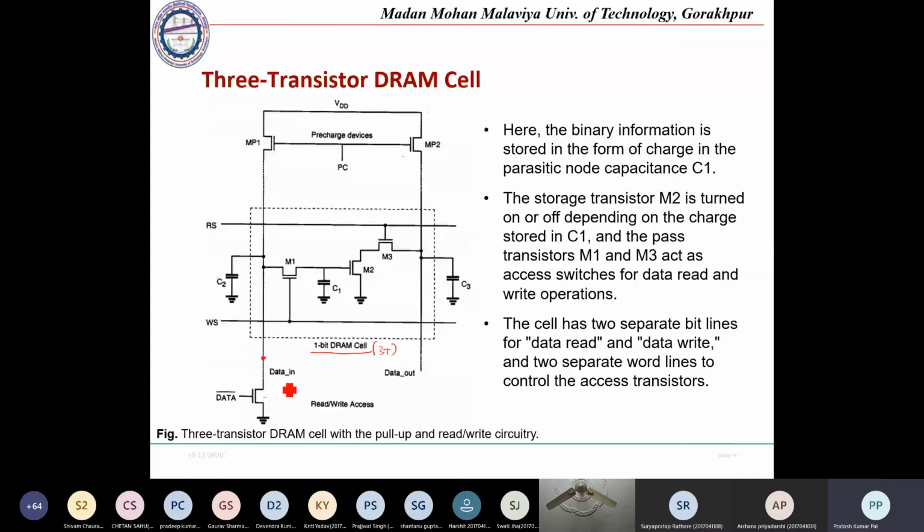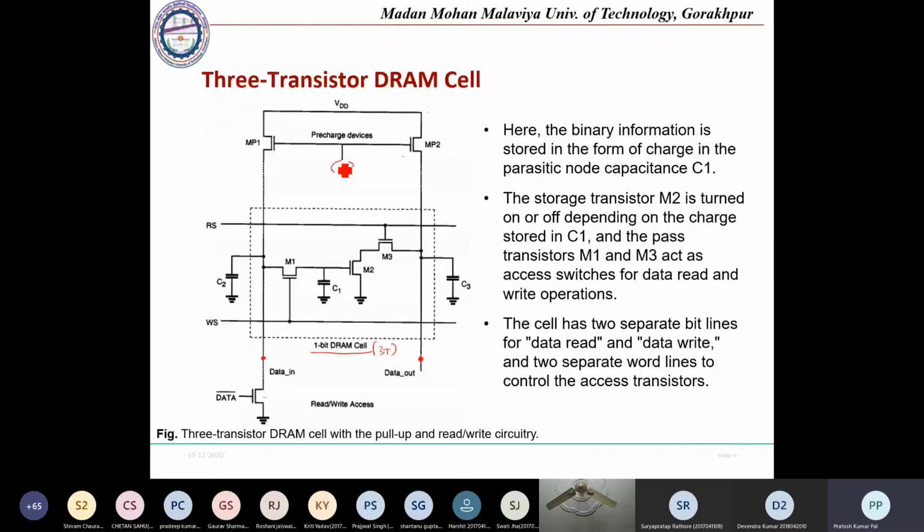So if we are going to write the data, this data in will be used to write the data onto this capacitor. Similarly, this data out will be the line from which the output of the DRAM cell will be taken. Okay, and here PC is called the precharge device, or you can say precharge control.